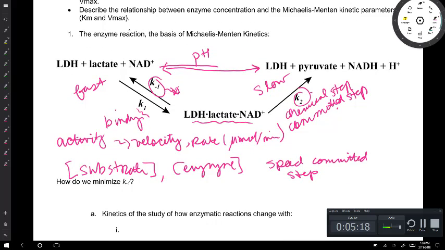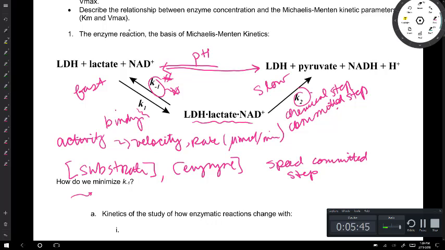So every enzyme is different, but one thing that we want to try to do when we're measuring enzyme kinetics is minimize this back step here. So we want to minimize the amount at which the substrate and cofactor are popping out of the enzyme pocket to ensure that the reaction that we're monitoring is in fact the forward reaction.